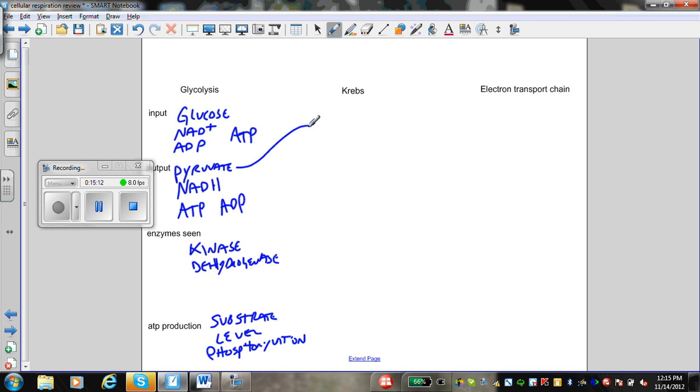Input, Krebs. We're going to take the pyruvate. We're going to send it to the Krebs cycle. Right? We're also going to put in some more NAD+. We're also going to put in FAD, right? And the pyruvate turns into CO2, and the NAD+ turns into NADH, and FAD turns into FADH2. Remember, we also get some ADP turning into ATP.